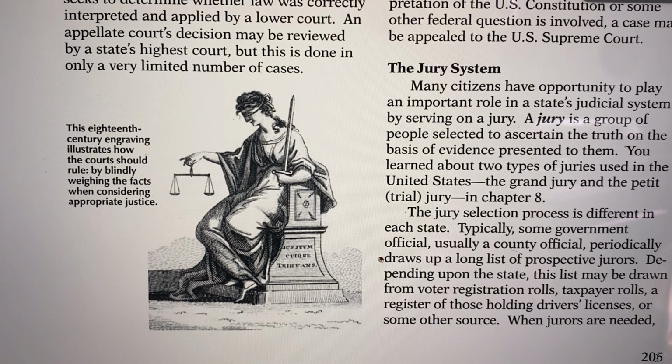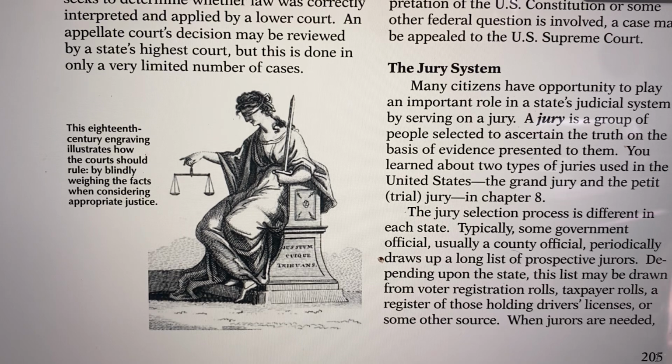You don't sit and watch a trial. Then there's the petit jury, or the trial jury, which is what you usually see on television, jurors sitting and watching a trial, with witnesses being interviewed.